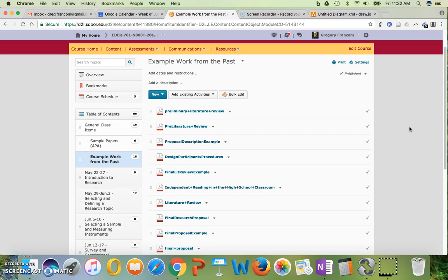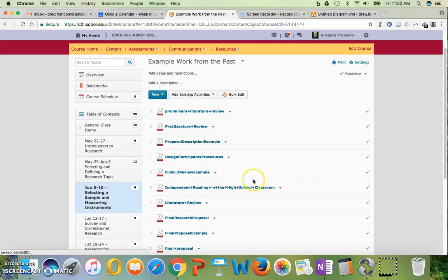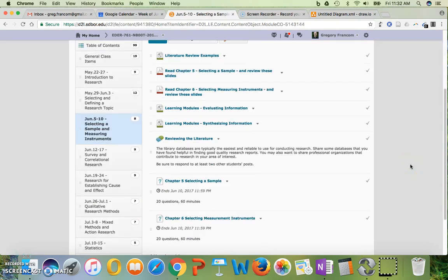The trick with the preliminary literature review, again, is not just to list Smith said this in his study, and then go to the next study, Johnson said this in her study. Instead, you don't go from study to study. You combine them together. You interweave them into a nice narrative that talks about the studies in general. It might say something like, there have been several studies done that look at this specific element.